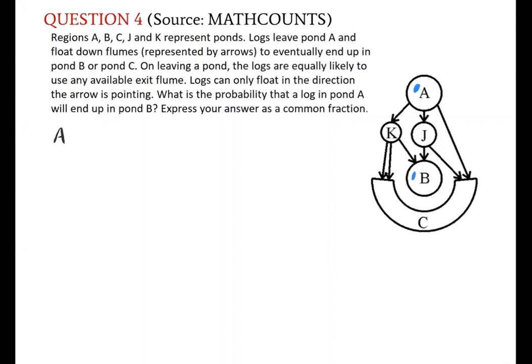First of all, you can go from A to J to B, or you can go from A to K to B.